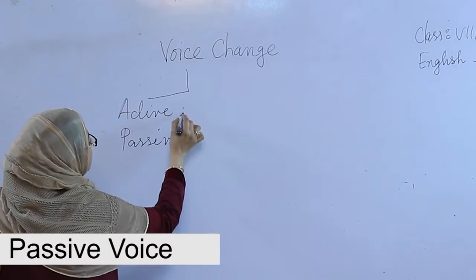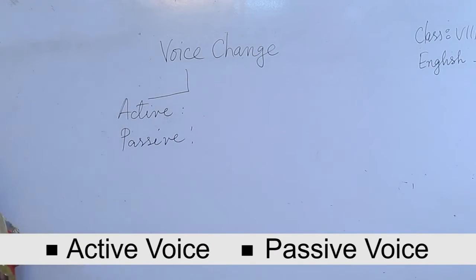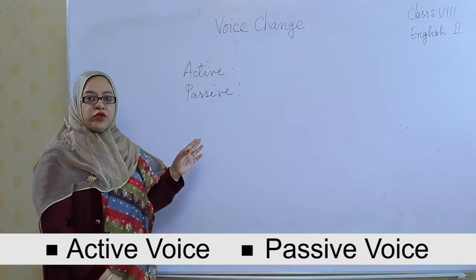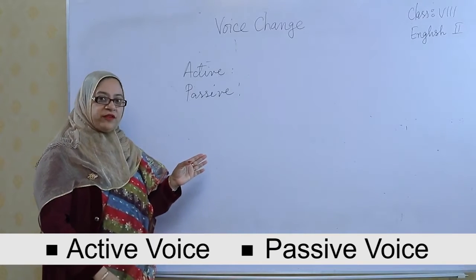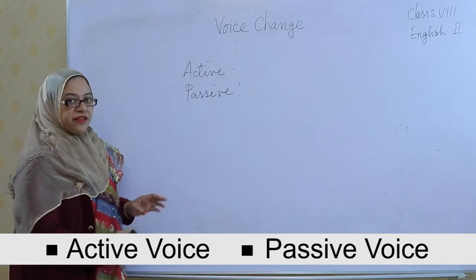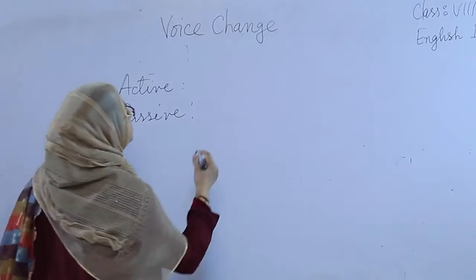All of you know that there are two types of voice, active voice and passive voice. Today we will learn how to change from active to passive and also passive to active. So I will write some sentences, look at the board.